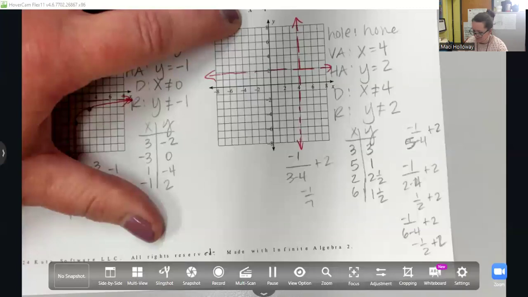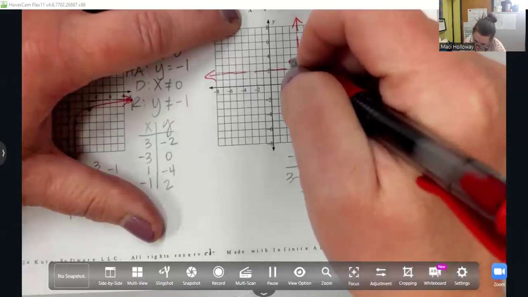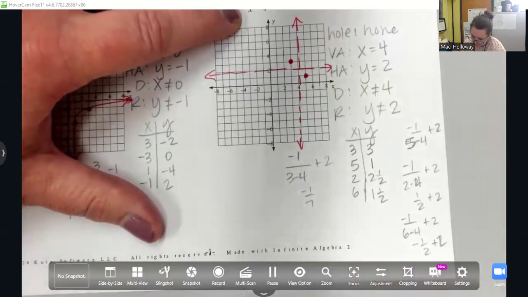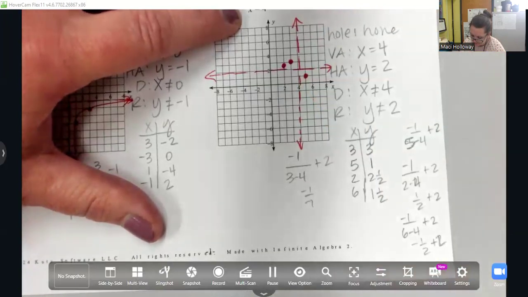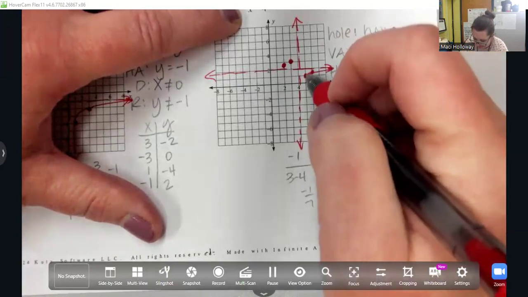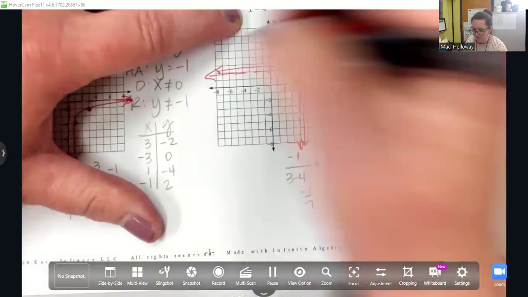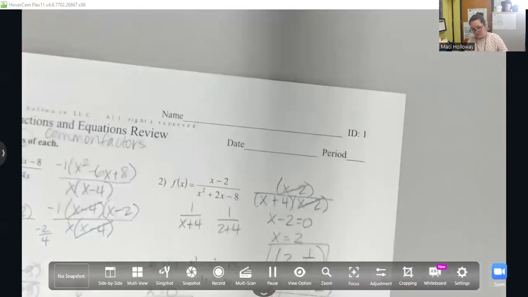All right, so let's plot these. 3, 3, 5, 1, 2, 2.5 here, and 6, 1.5 here. All right, that's a good enough amount of points for me to figure out what that looks like. All right, looks good. A little bit to the other side.